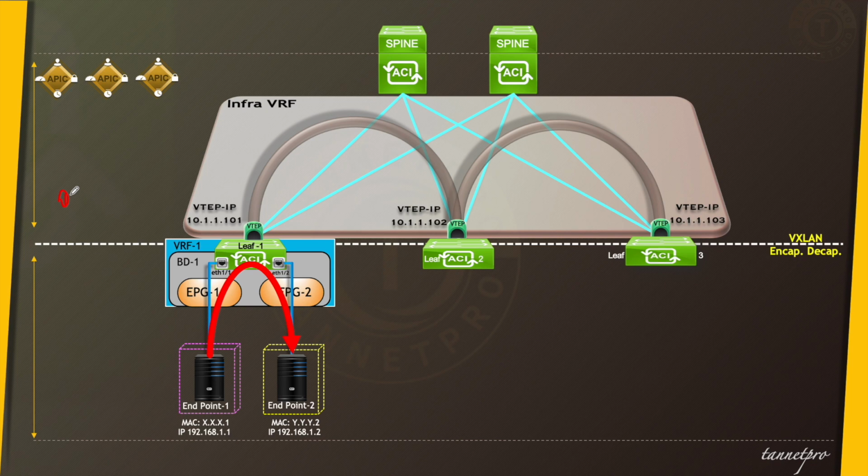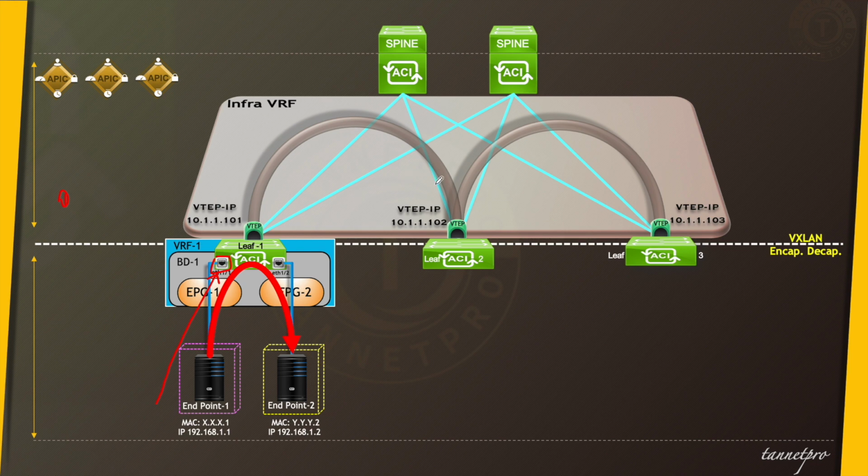First, if any data traffic flows to the front panel ports, any front panel ports, with the MAC address, that gets learned as a local endpoint. Why front panel?